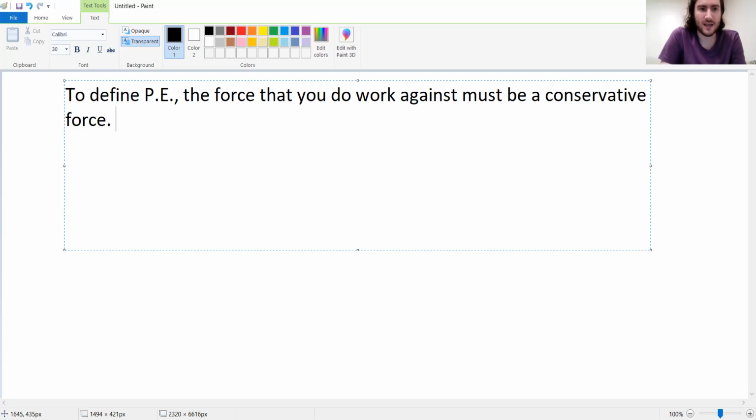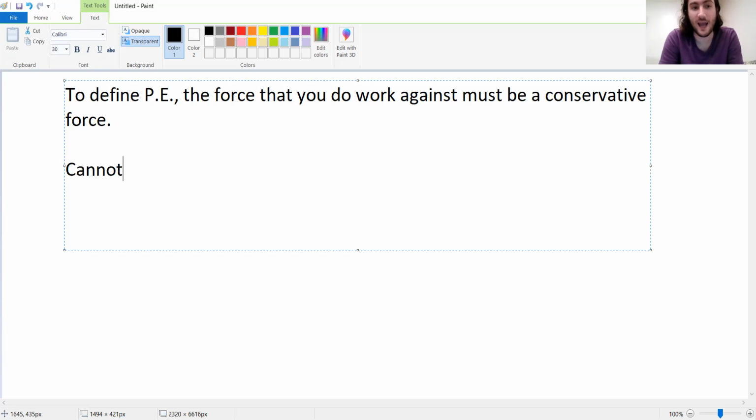And so the best way to define what a conservative force is for a 205, 210 class would be to say what a non-conservative force is. And then the stuff that isn't non-conservative is your conservative forces.